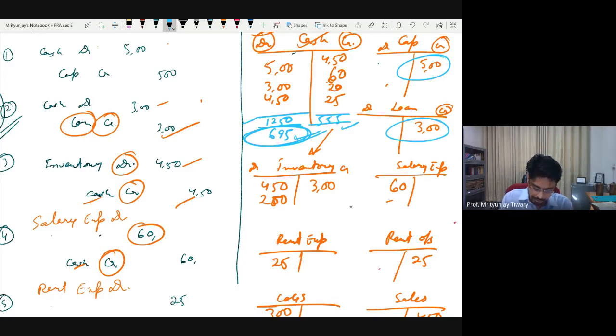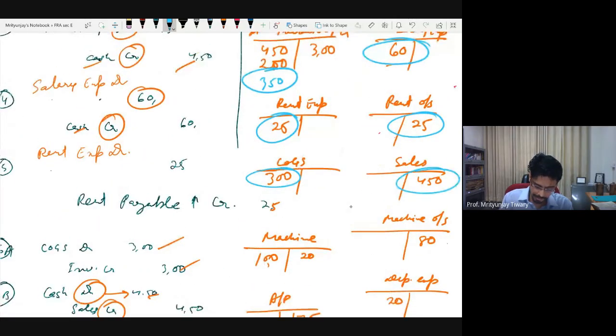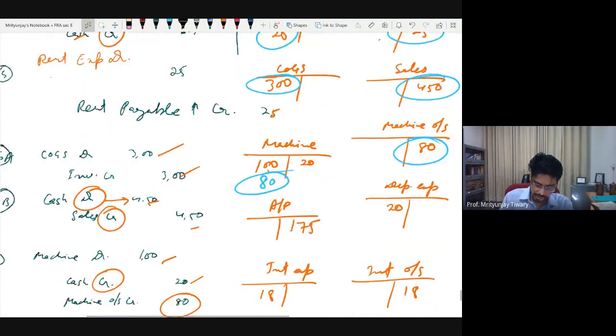Inventory has 650 versus 300, so inventory has 350 crores in the debit side. Similarly, you will go about finding the closing balance of every T account, and that is what completes your exercise of preparation of ledger.